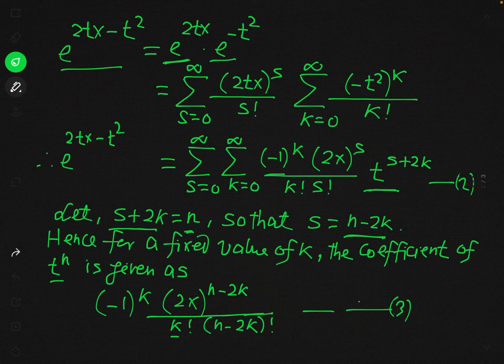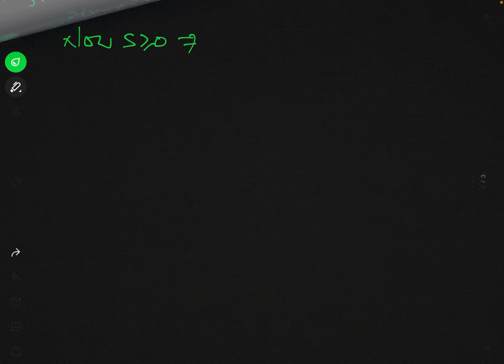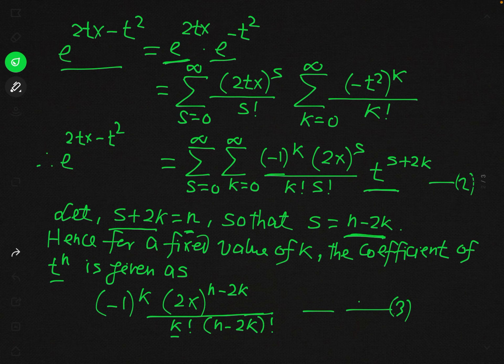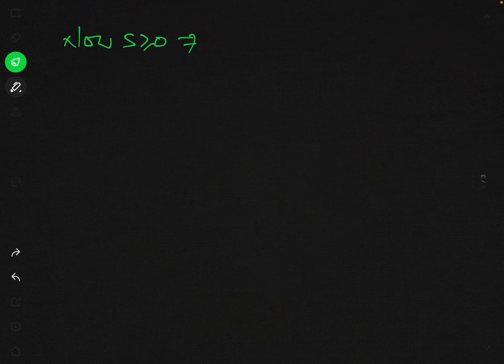Now see that the limit for s is from 0 to infinity. It means definitely s is greater or equal to 0. And if s is greater or equal to 0, since s is equal to n minus 2k, you can write that s greater or equal to 0 implies that n minus 2k will be greater or equal to 0.